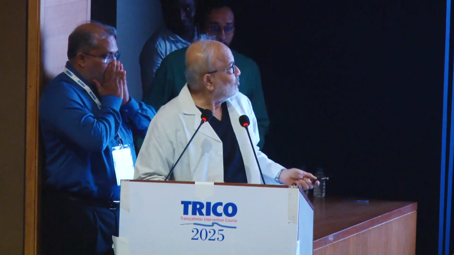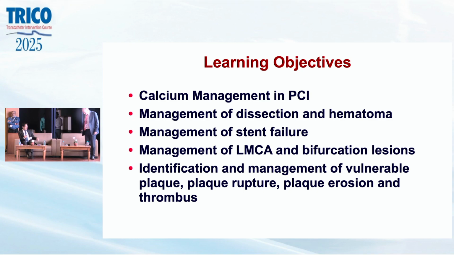So what we have done is, a picture speaks 1,000 words. Here, there are learning objectives: calcium management in PCI, management of dissection and hematoma, management of stent failure, identification and management of left main and bifurcation, and identification and management of vulnerable plaque, plaque rupture, plaque erosion, and thrombosis.